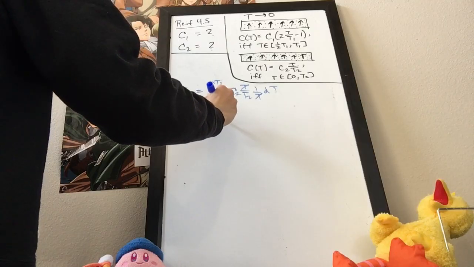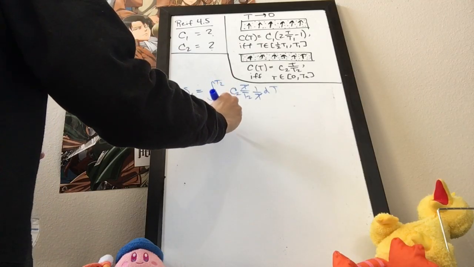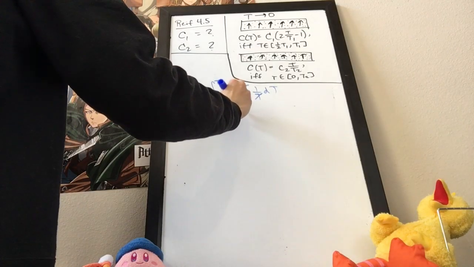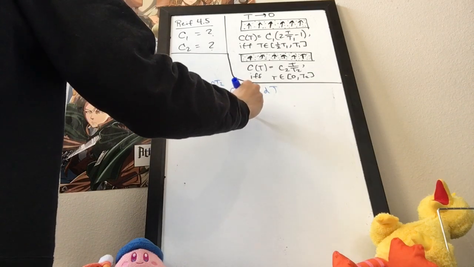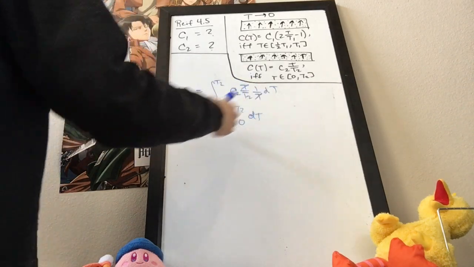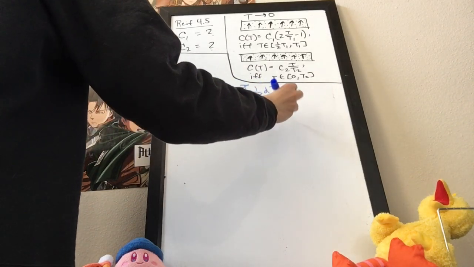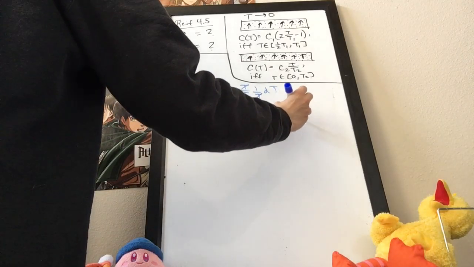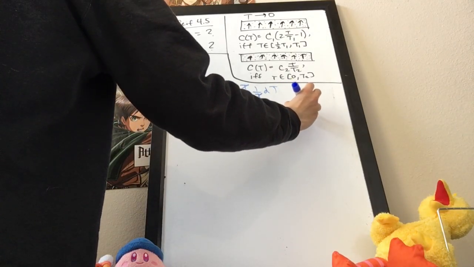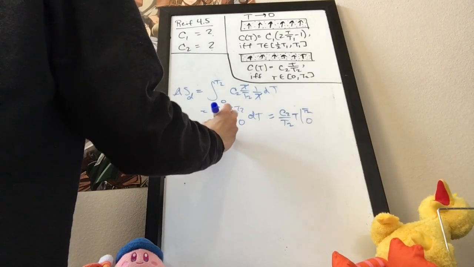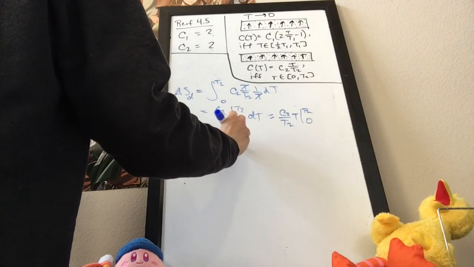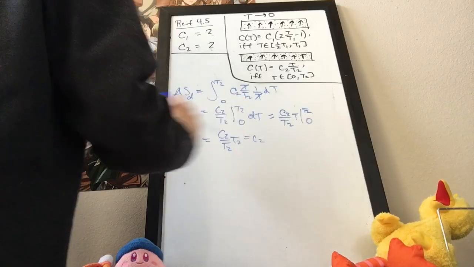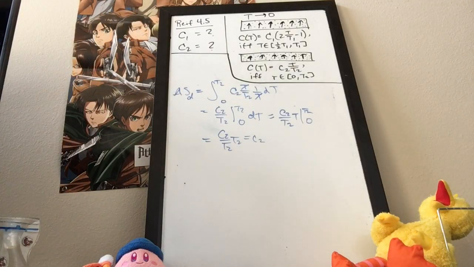So we get C sub 2 over T2, from T2 to 0 of dt, which we can all see is just going to end up being C over T2, T2 to 0, which is equal to C2, T2 over T2, which is just equal to C2, right?